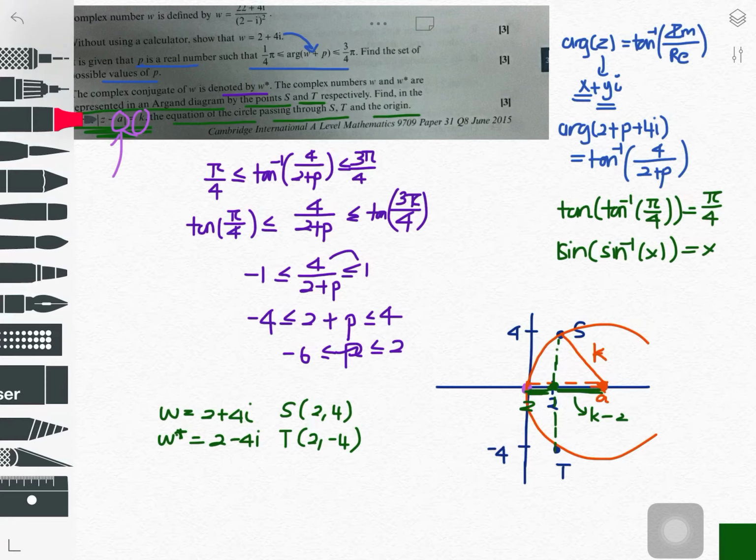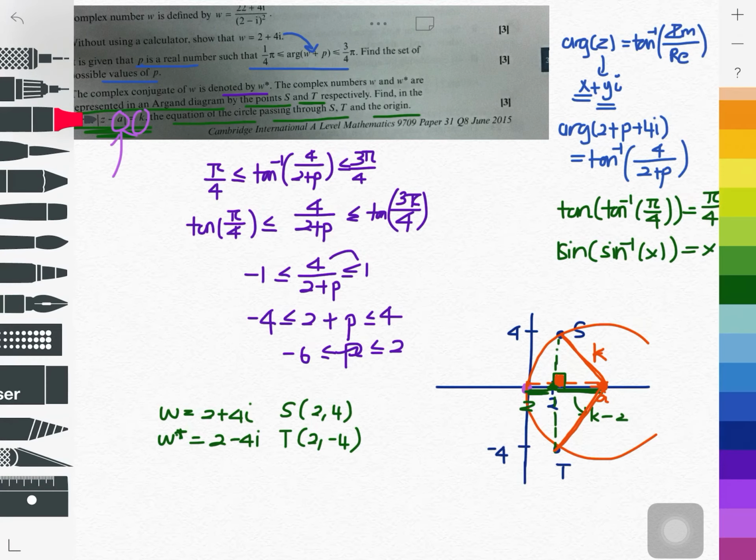So they look perpendicular to one another. When the radius touches here, this length and this length are going to be the same. When I merge, definitely this is 90 degrees. So the moment I see 90 degrees, I'm very happy with my diagram.